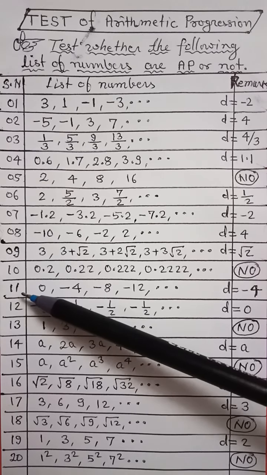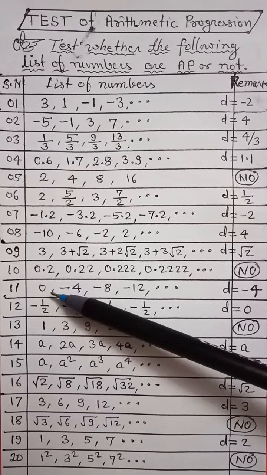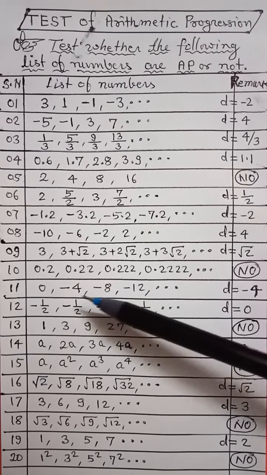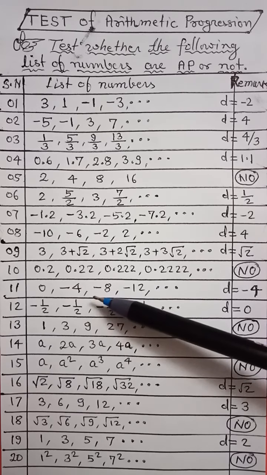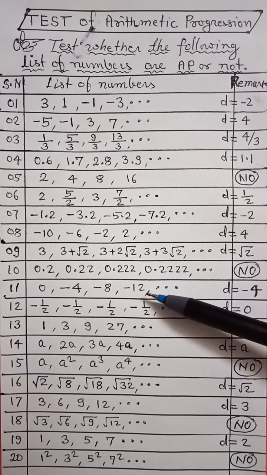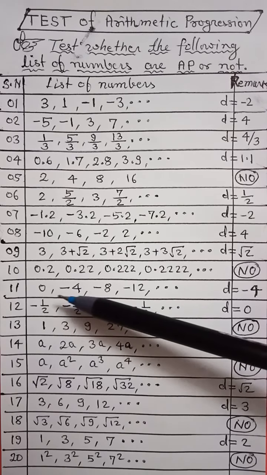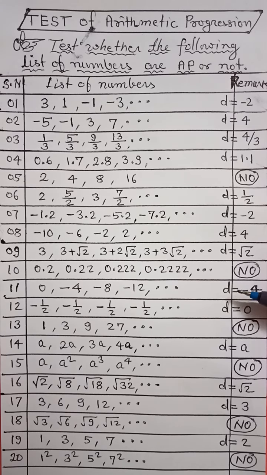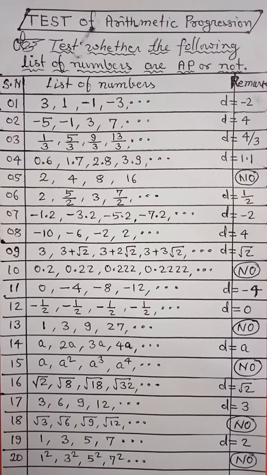Now let us look at example number 11. Here minus 4 minus 0 is minus 4, minus 8 minus minus 4 is minus 4, again minus 12 minus of minus 8 is minus 4. That means here we have d is equal to minus 4, that is, common difference is minus 4. And since we find a common difference in this sequence, this sequence is an example of an arithmetic progression.